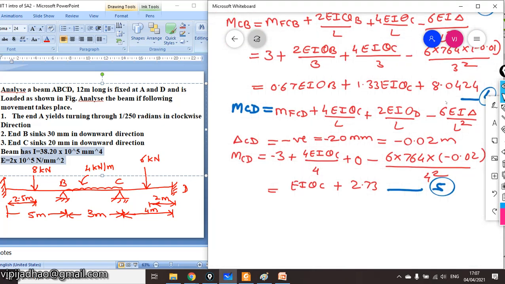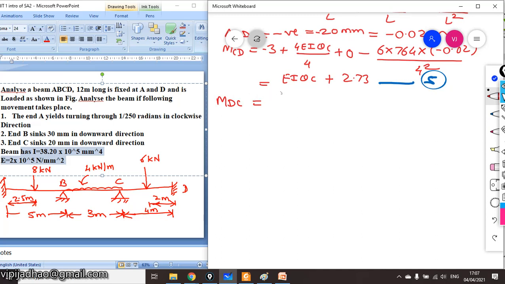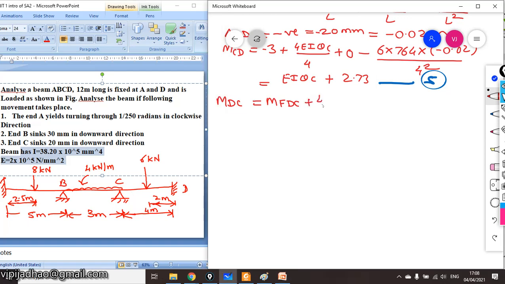So now write down the slope deflection equation for MDC. Therefore MDC is equal to MFDC, we are writing the equation for D to C. So MFDC plus twice EI theta C divided by L plus 4EI theta D divided by L minus 6EI delta upon L square.